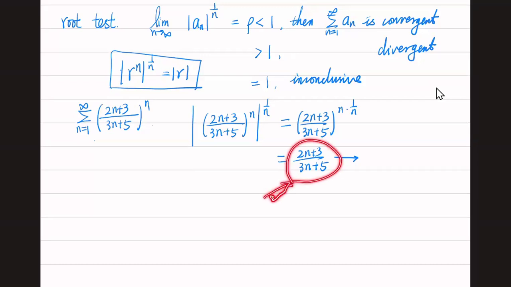If it's not easy, I'm going to divide the numerator and denominator by n, see what we get. What's the numerator if we divide by n? Denominator. Then we take a limit.